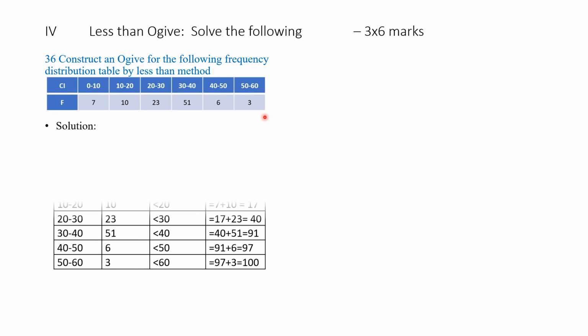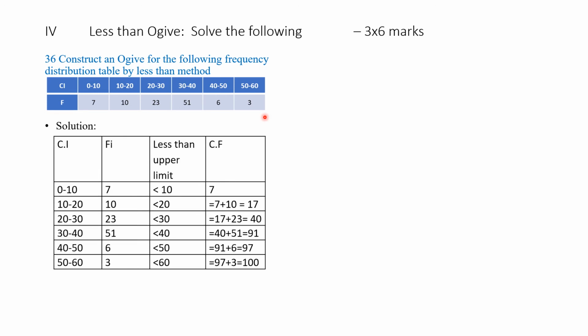Let us solve it. Now, as usual, we have to convert these horizontal lines into vertical lines. These first two columns are vertical lines. Simply copy the first row as the first column, that is 0 to 10, 10 to 20 and 20 to 30, then 30 to 40, 40 to 50 and 50 to 60.